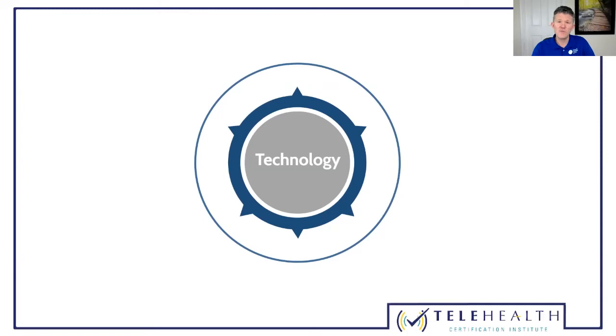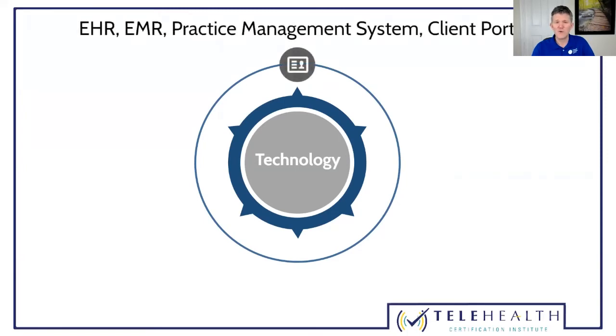Some of the technology you might need for your practice is somewhere to store your records, or to collaborate with other electronic health record systems, or a practice management program online where you can manage your practice.